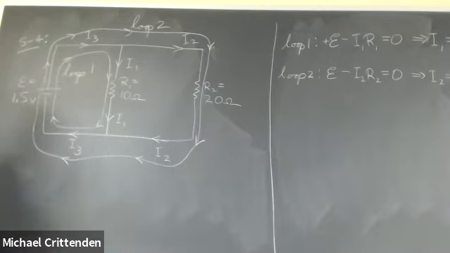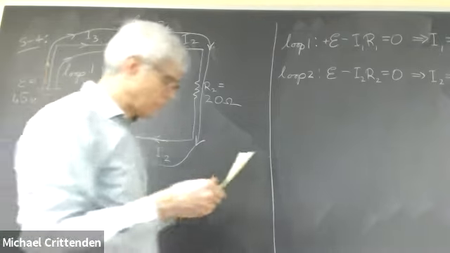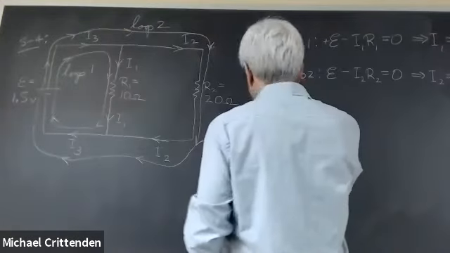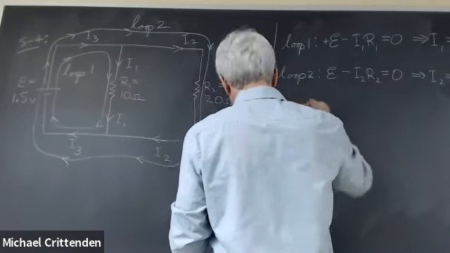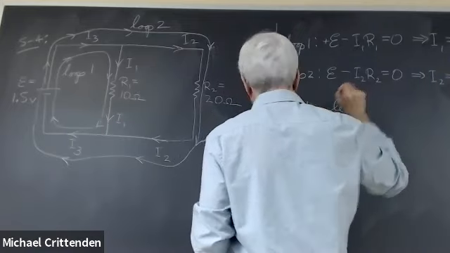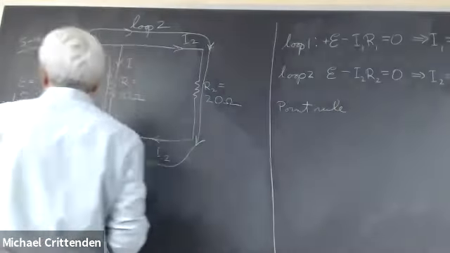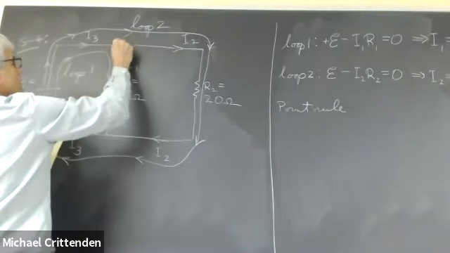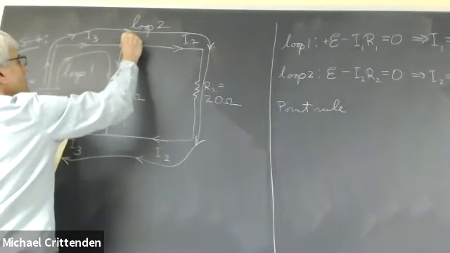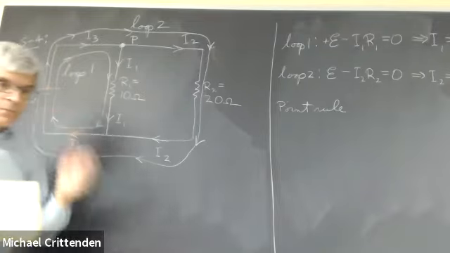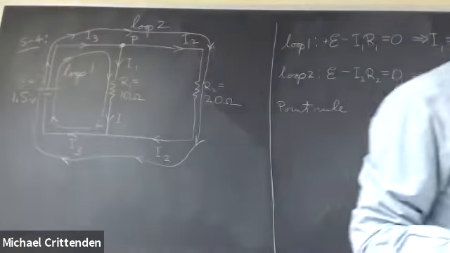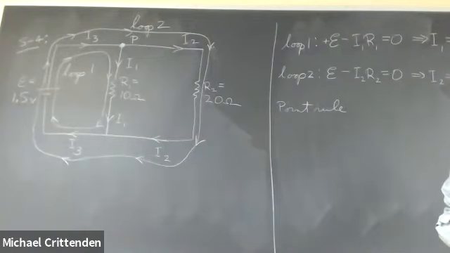But remember, it's Kirchhoff's two laws. There's also the point rule. Let's apply the point rule right there. I thought point P might be kind of a catchy name for that point.